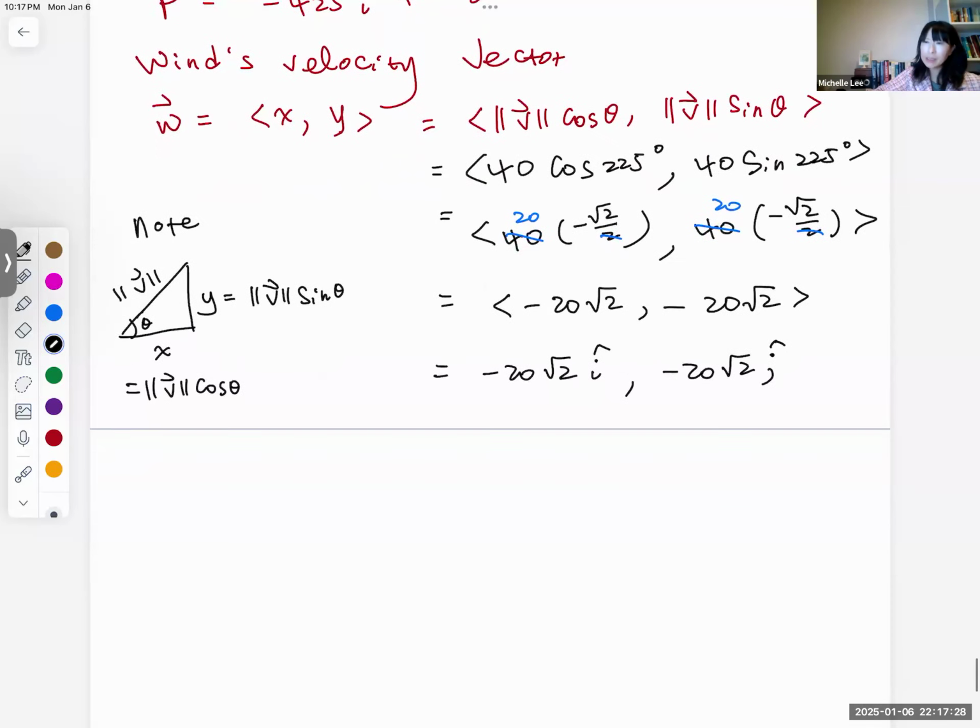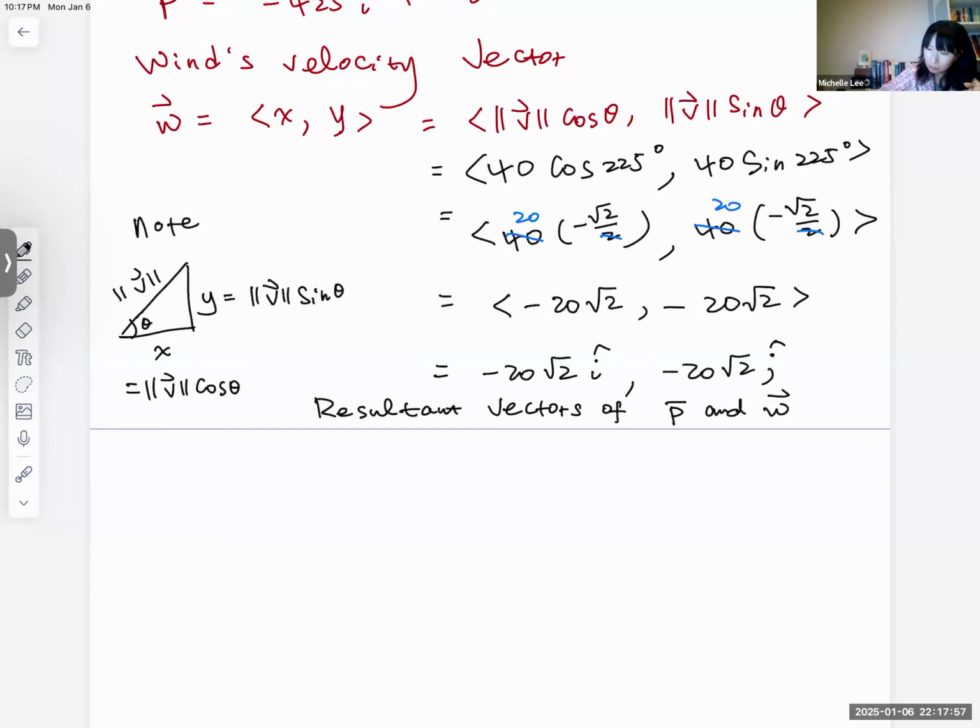We call this the resultant vector because we add two vectors, P and W, the airplane with the wind.